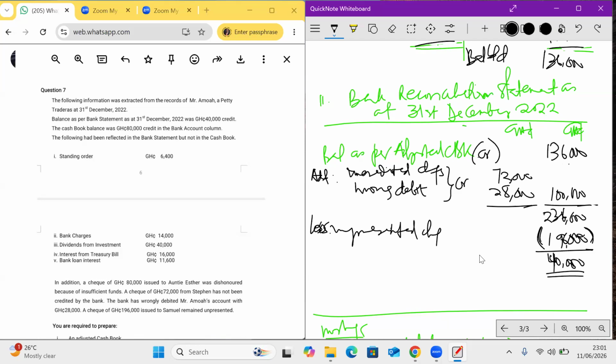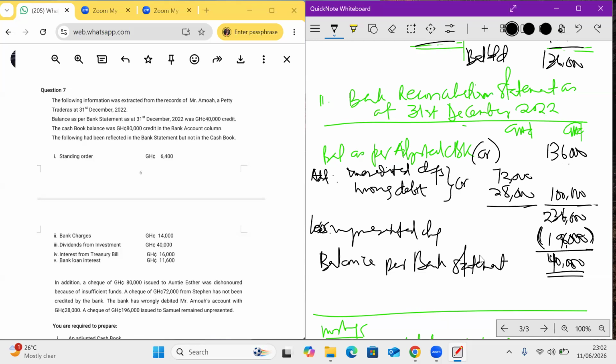Yes, it was 40,000. So here we say balance as per bank statement, just as the top one. Are you good? Yes. So you have gotten the 40,000 there. We are done.